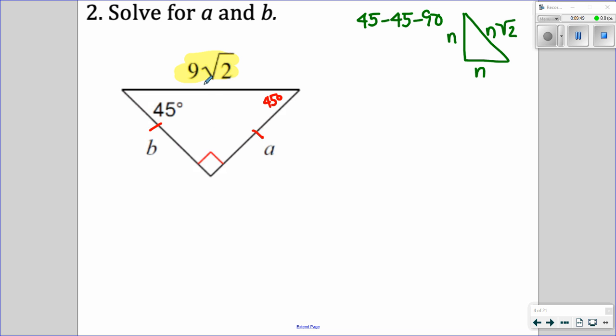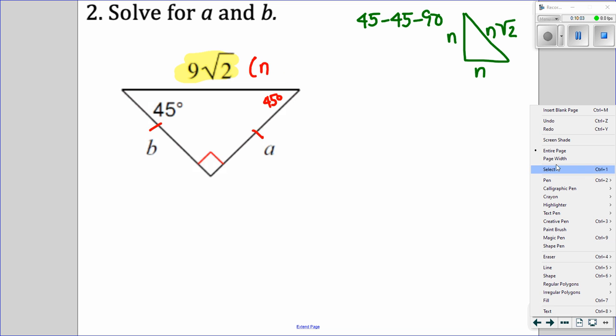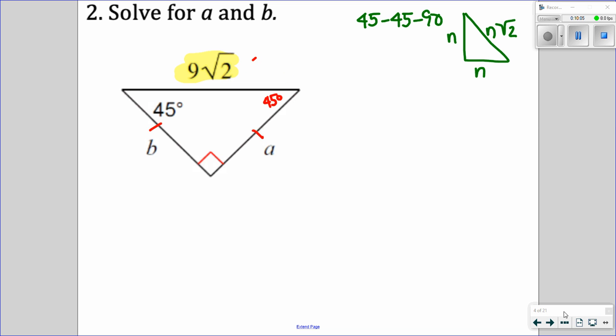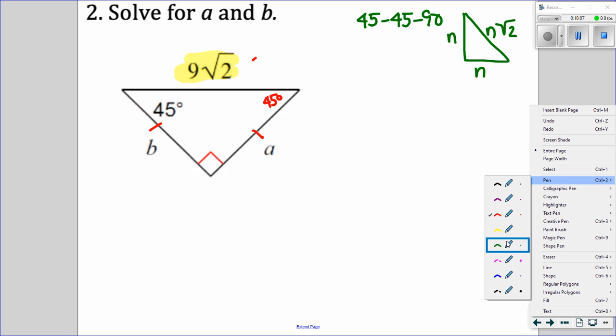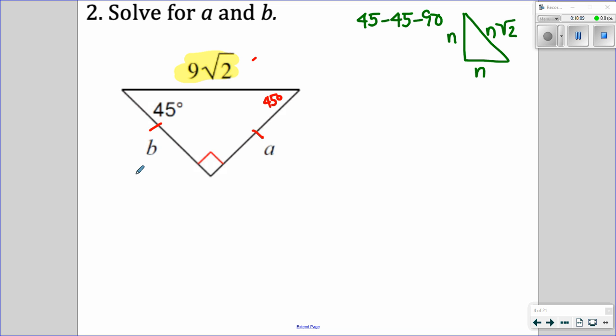So they gave us the hypotenuse, and when I look here, that means the n root 2 is equal to 9 root 2. I put that in another color, so let me undo that. Put that in green because I labeled it in green. So this is my n, this is my n, and this is my n root 2.